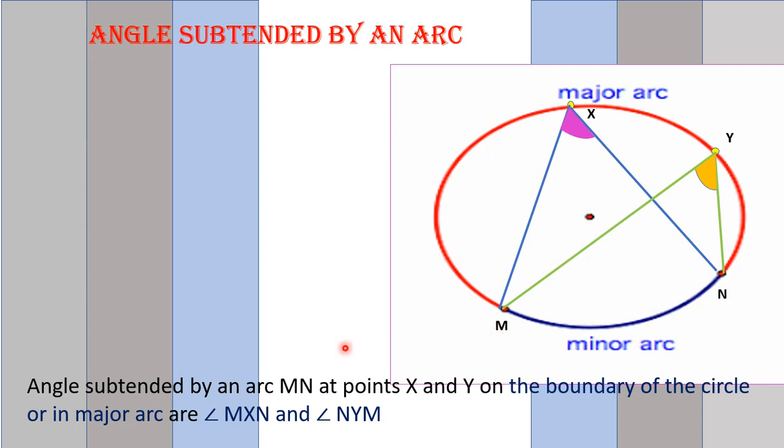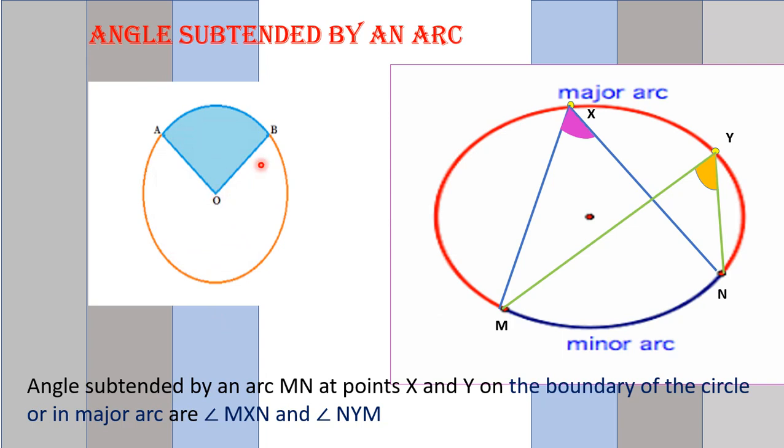So we can say the angle subtended by the arc MN at points X and Y on the boundary of the circle, on the major arc, are angle MXN and angle NYM. In this way we have an arc subtending angles on the boundary of the circle.